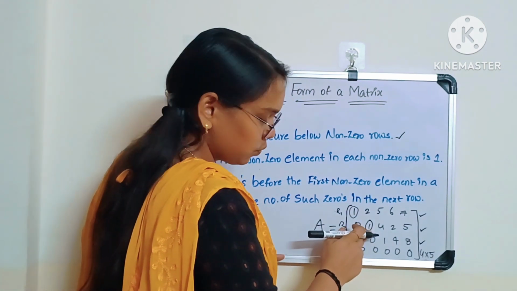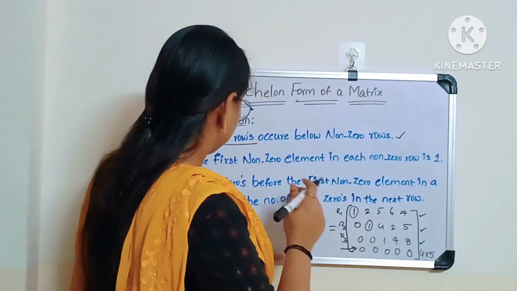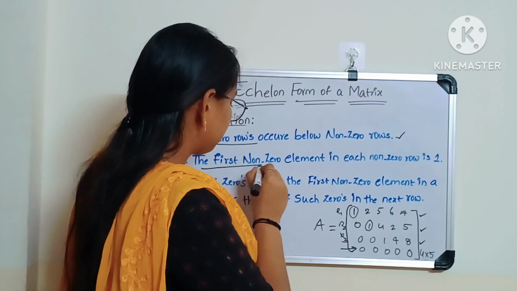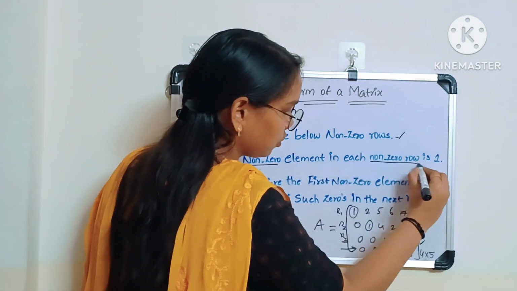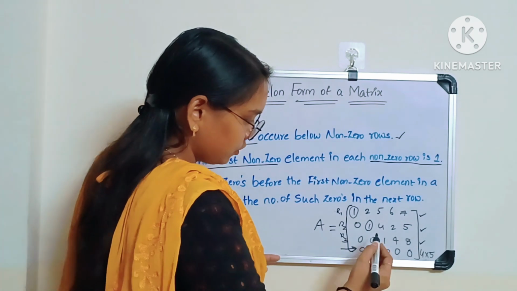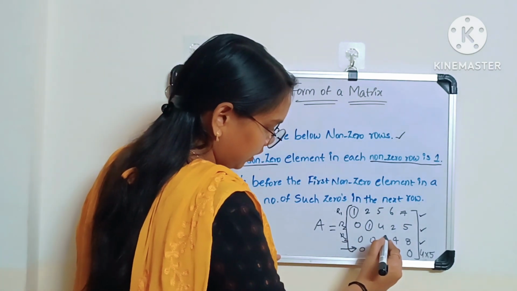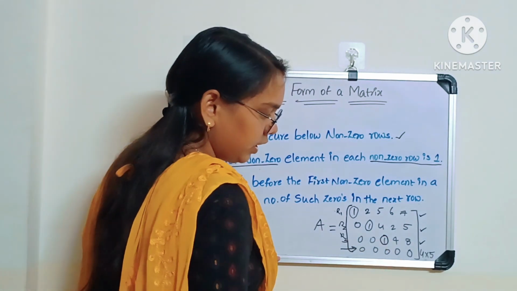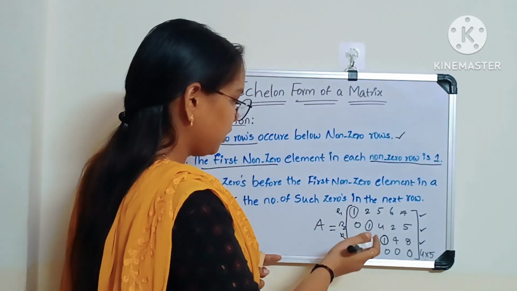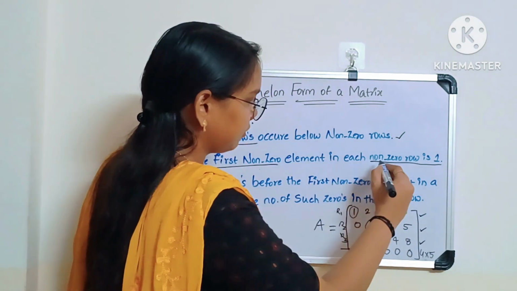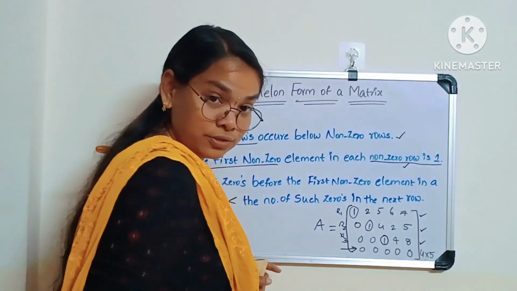Here the first entry is 1, here also 1, and in row 3 it is also 1. So every row satisfies the second condition too.